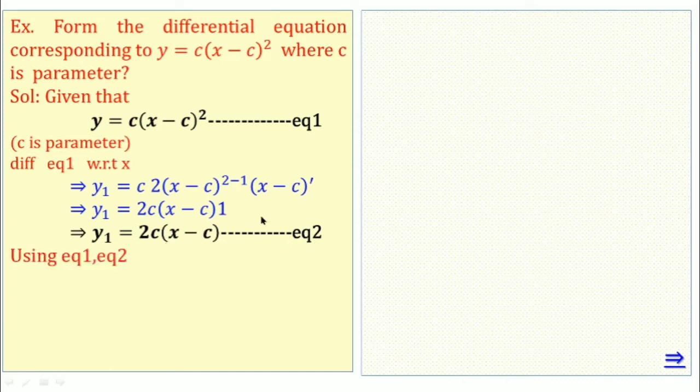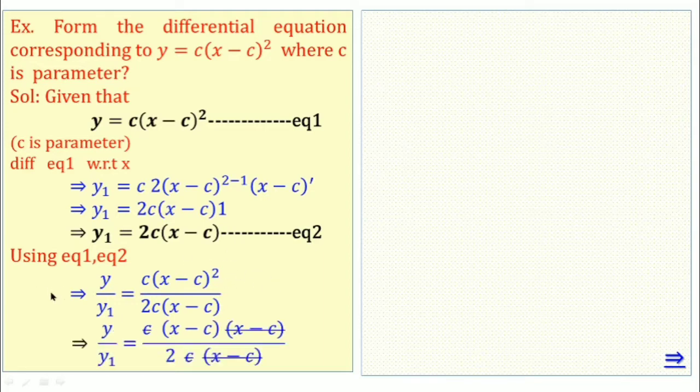Now using this second equation and the first equation, we find the value of y by y1. y by y1 is equal to, y we can write as c into (x minus c) whole square, and y1 we can write as 2c into (x minus c).